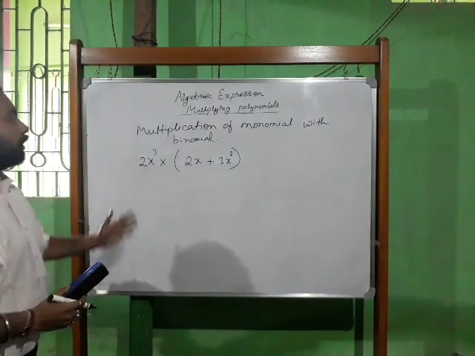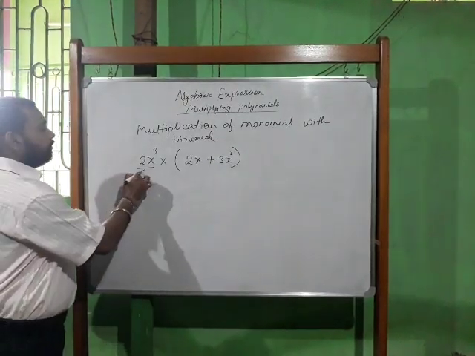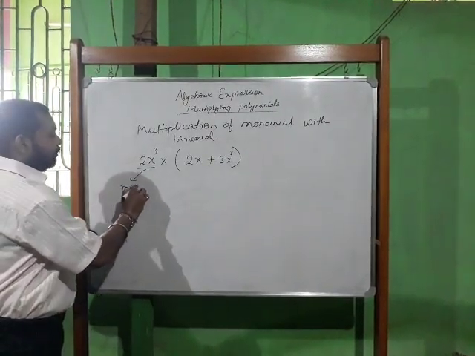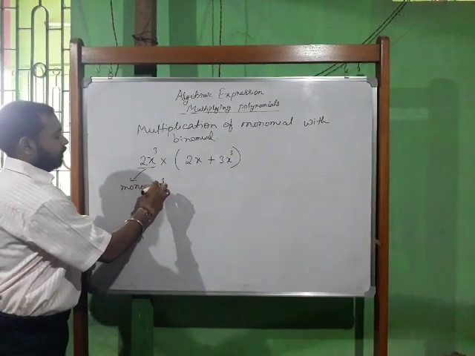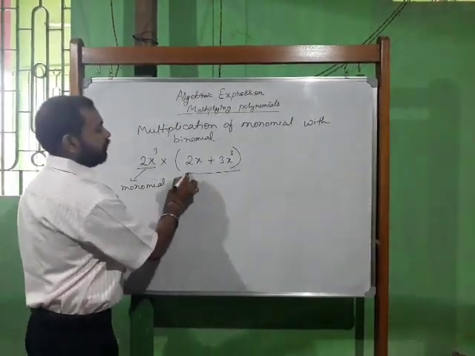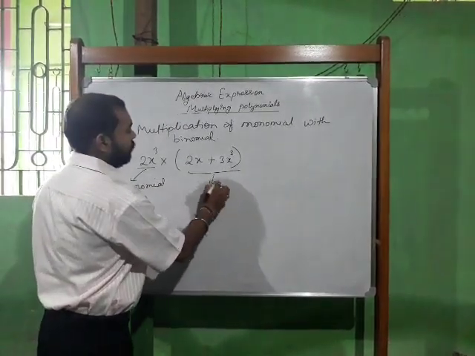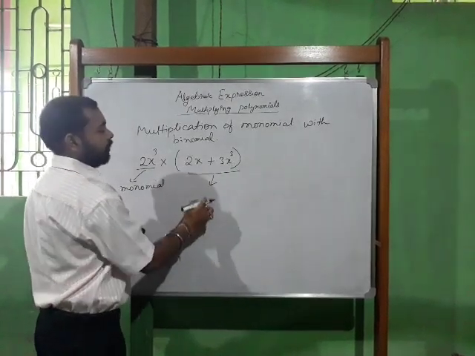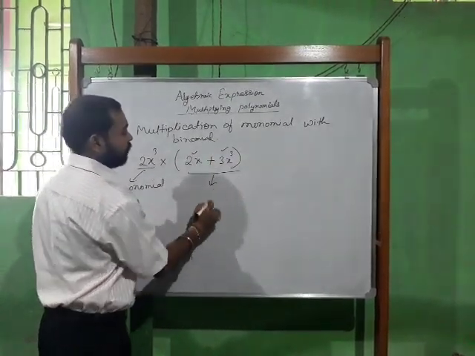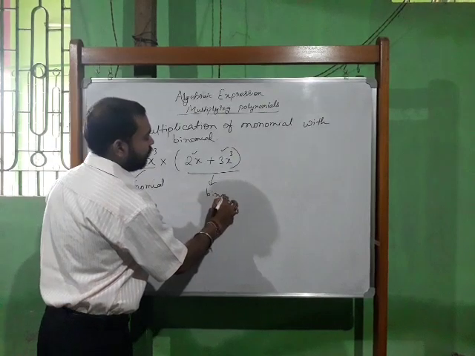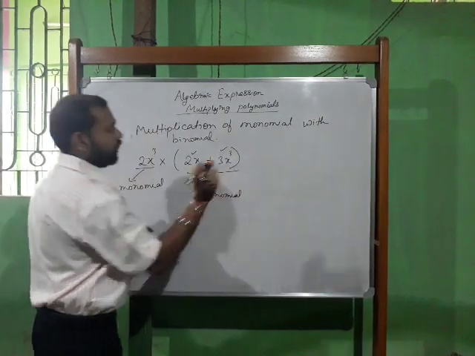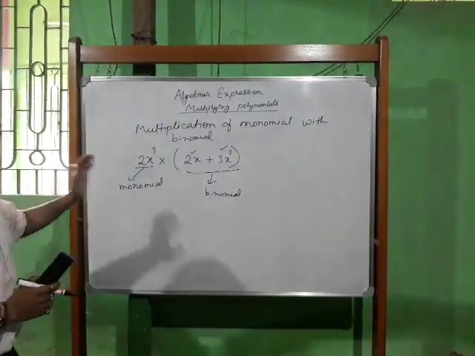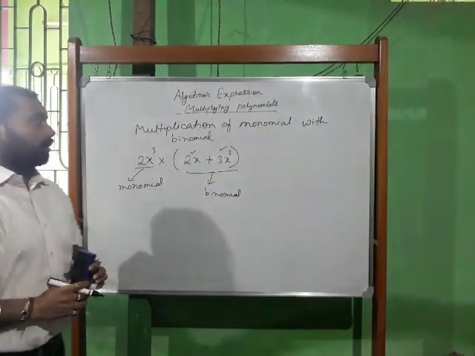Now you can see this is a monomial and this expression is a binomial, since there are two terms here, this is one term, this is the second term. A binomial consists of two terms. Now how to multiply this?